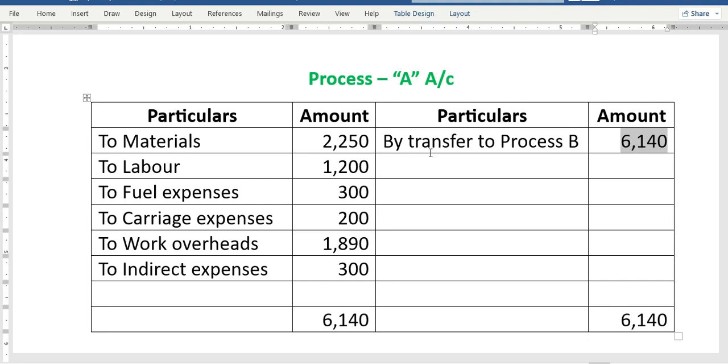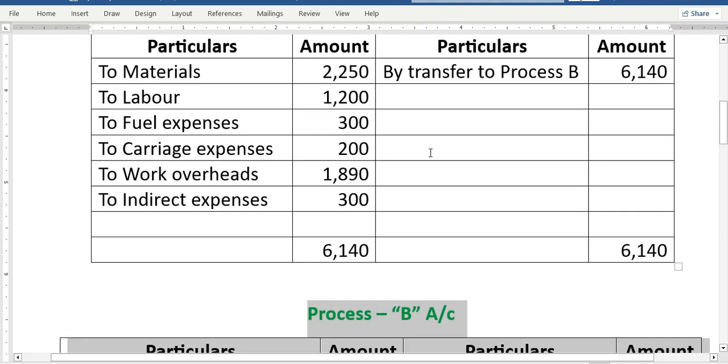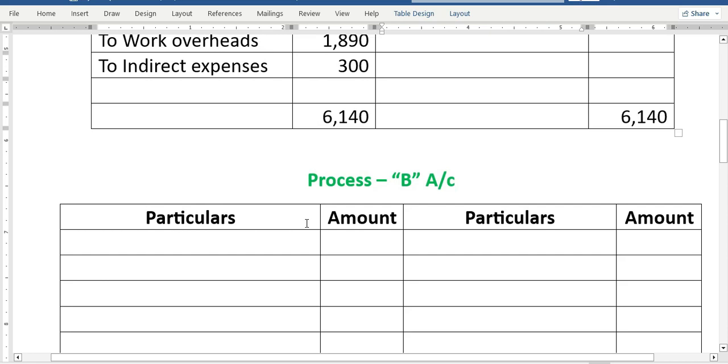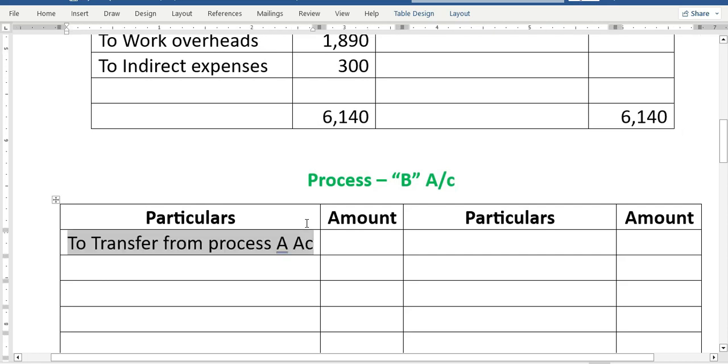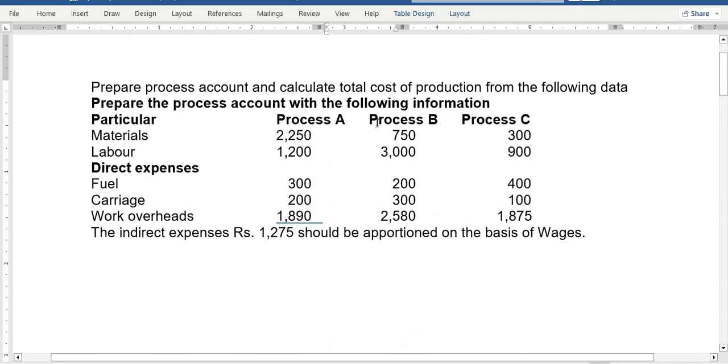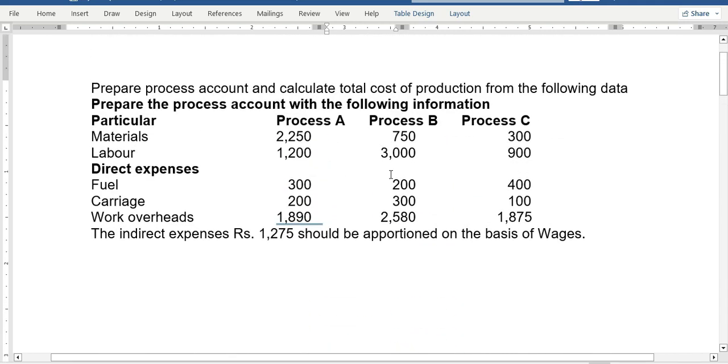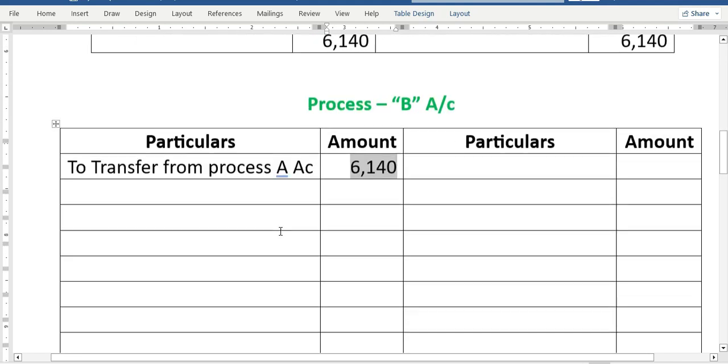Now we are going to see the process B account. First, to transfer from process A, 6140. Then all these expenses: material, labor, fuel, carriage, work overheads and indirect expenses. We post them here.